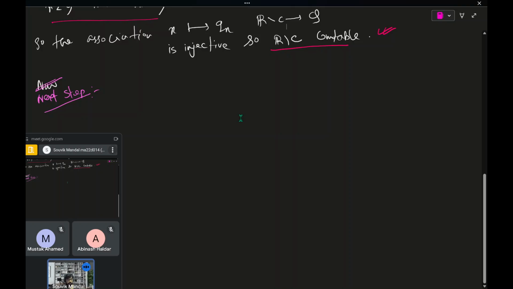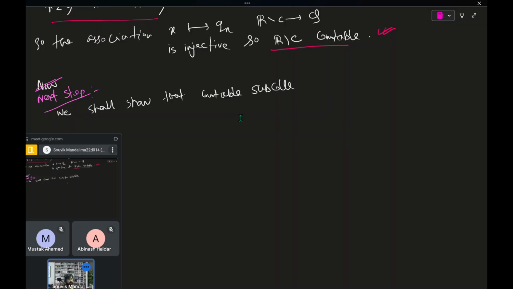Now here we shall show that a countable subcollection of A covers R with lower limit topology. Here the trick follows.